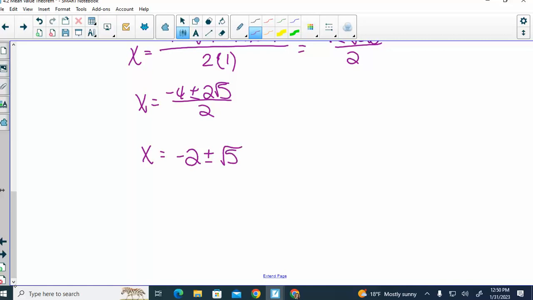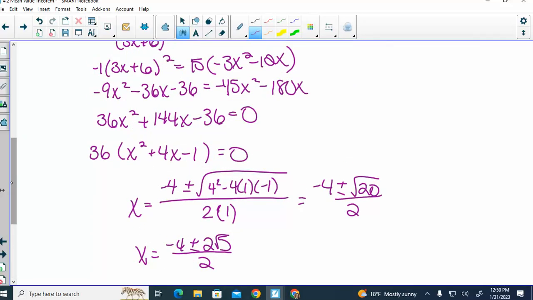We were only looking from -1 to 3. So grab a calculator real quick if you need to. See if both of these are in the interval. So -2 plus the square root of 5 and -2 minus the square root of 5. Does 36 ever equal 0? Oh, yeah. Or you could just think of it as dividing by 36, and 0 divided by 36 is still 0.